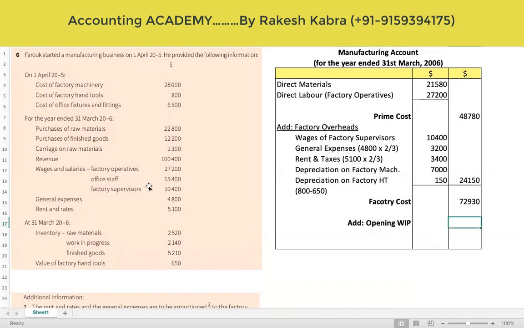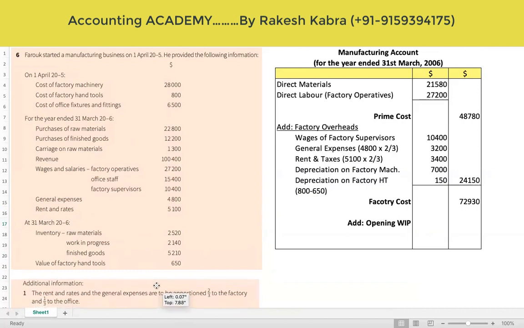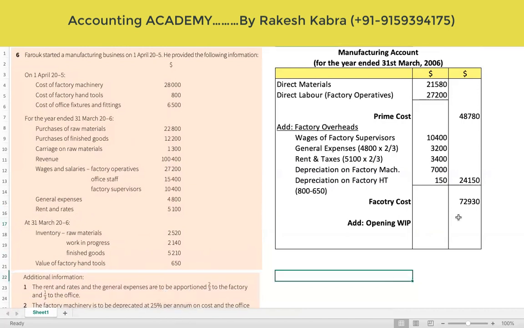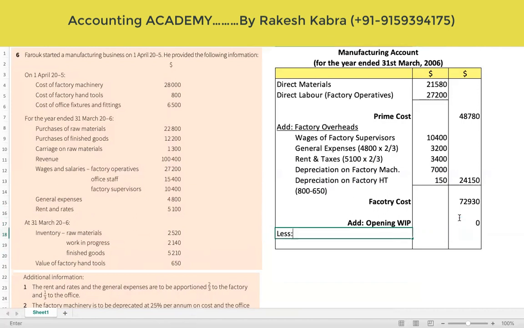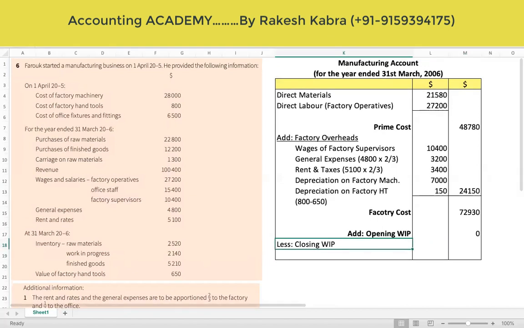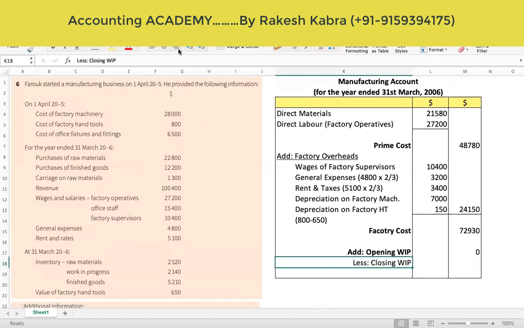Do we have any opening WIP in the question? No. So let me write here 0. Then I will subtract closing work in progress. What is the closing work in progress value? 2140. That is given in the question, right?